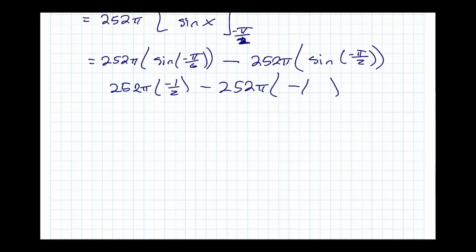So what do we get? Well, we can work this out. 252 over 2 is 126. So this is negative 126 pi. And then negative makes it positive, so plus 252 pi. And then we add those together, and I think we get positive 126 pi.